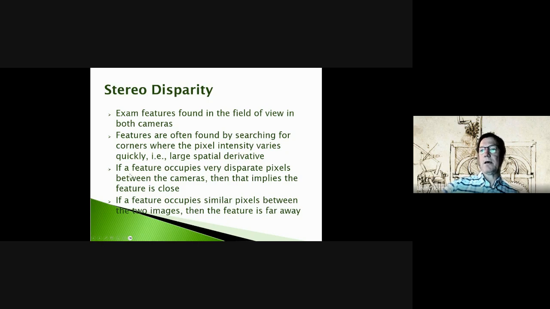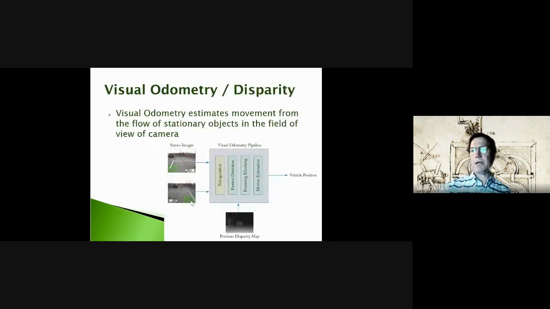Now, if a feature occupies very disparate pixels between the two cameras, then that implies the feature is close. If a feature occupies similar pixels between the two images, then the feature is far away.